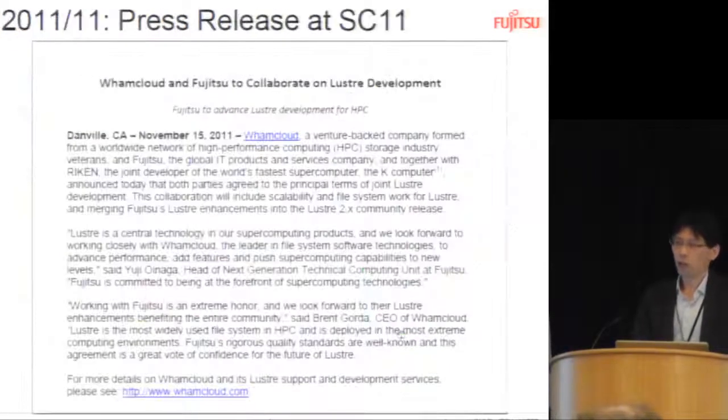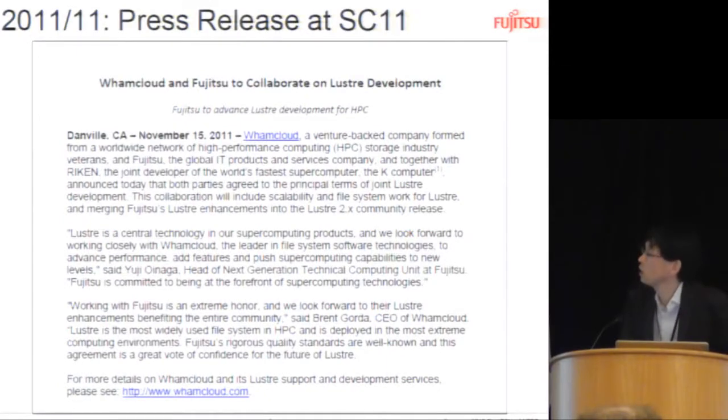At SC11, Intel, through Whamcloud, made a press release. However, Fujitsu has been talking with the Lustre community since 2008. Since 2008, we were discussing with Sun, and after that with Oracle.